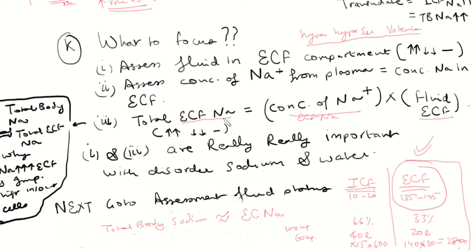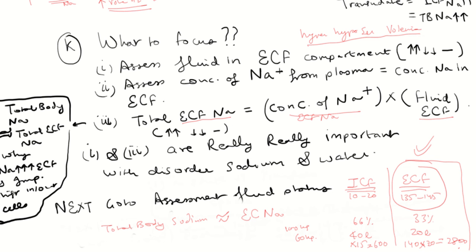And that's the game, because when we start to look at disorders of sodium and water, it's important to know how much fluid is there in the extracellular space. That's one. And how much total body sodium do we have?